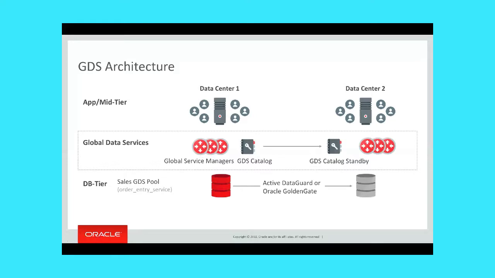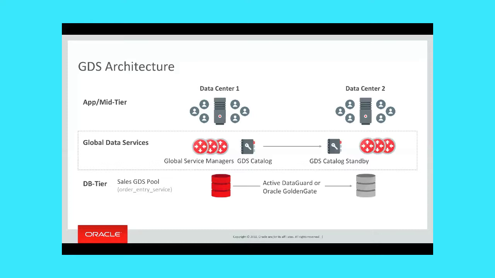A global service is nothing but a regular local service that you've been using all along, except that new attributes have been added in support of a distributed environment. Attributes such as locality, replication lag, load balancing goals, etc. Those are the new attributes that have been added to the service concept.